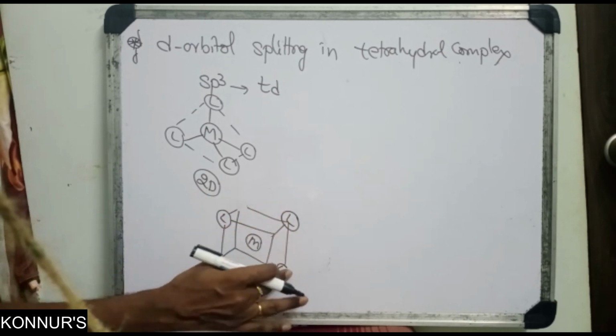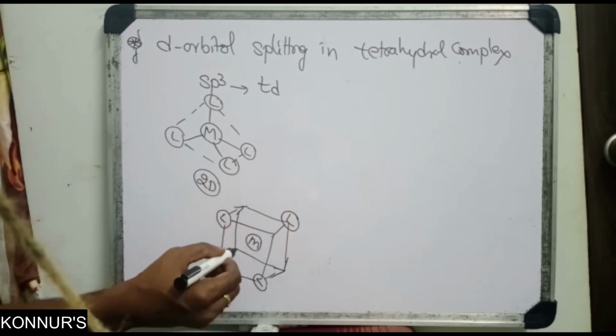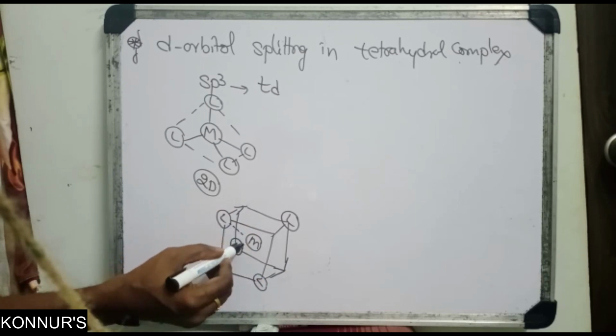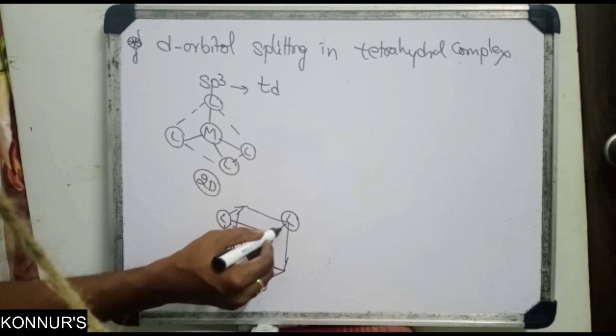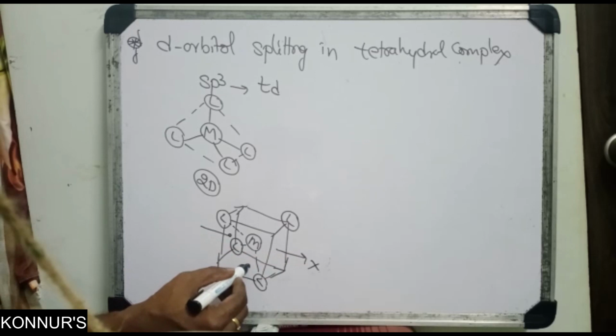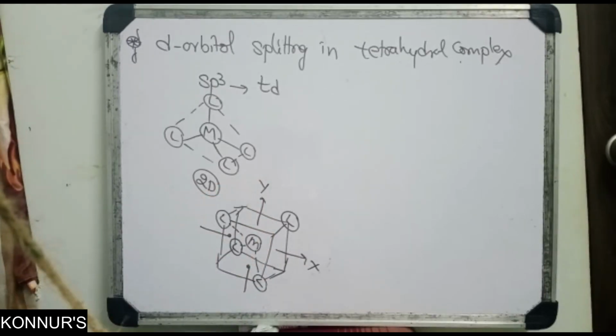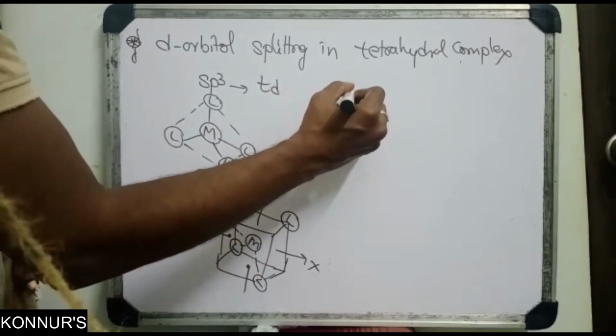Here, L is there. So the ligands are approaching the metal in between the axes, x-axis, y-axis. So who are present in between the axes?